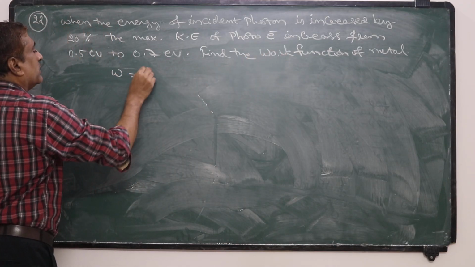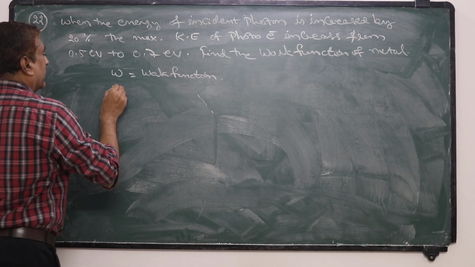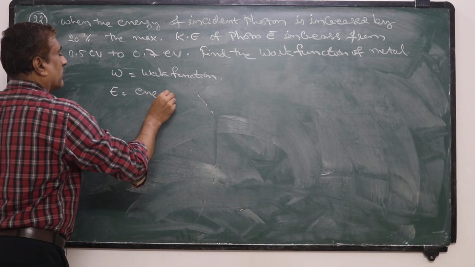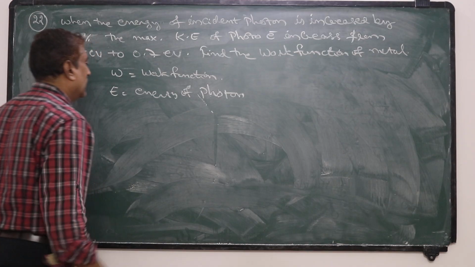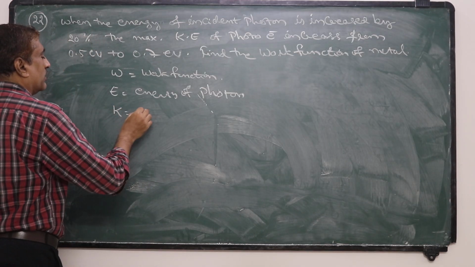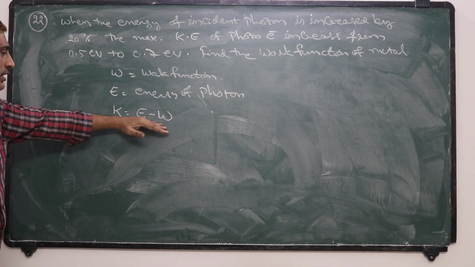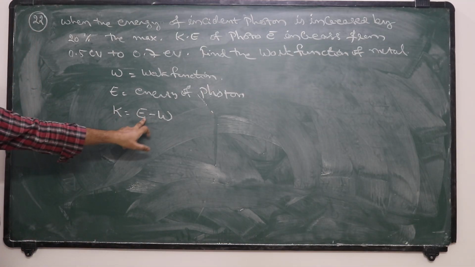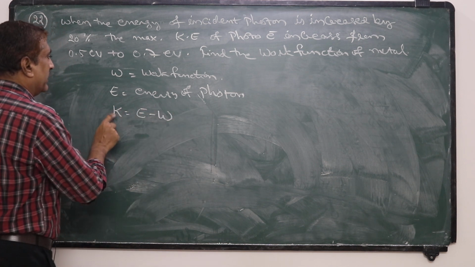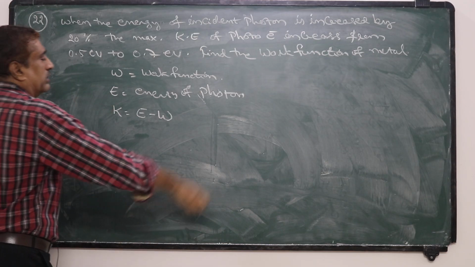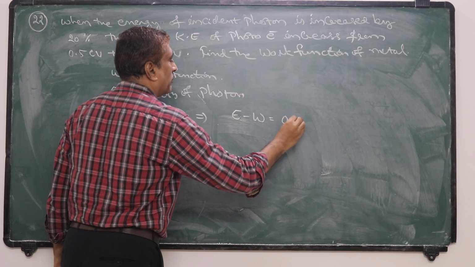So let W be the work function, and E be the energy of the incident photon. Therefore, kinetic energy is equal to E minus W. By Einstein's equation, kinetic energy is equal to incident energy minus work function. This kinetic energy is given as 0.5 electron volts. That means E minus W is equal to 0.5.